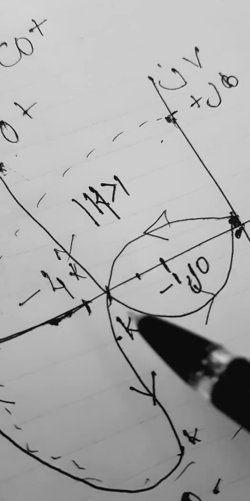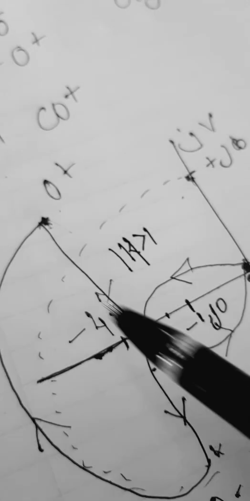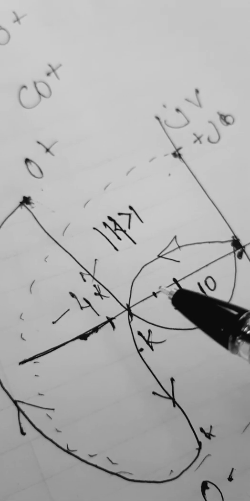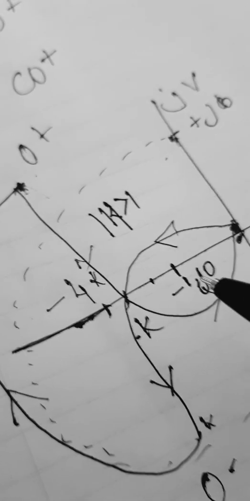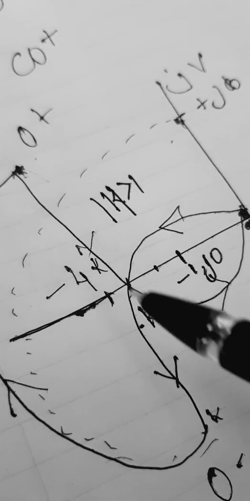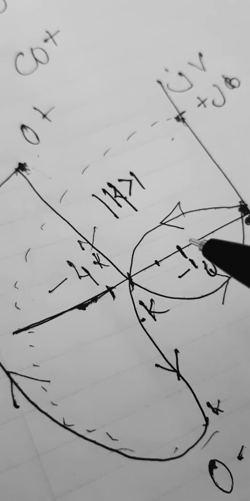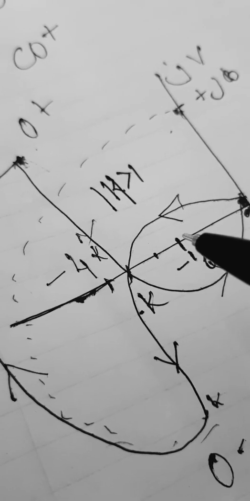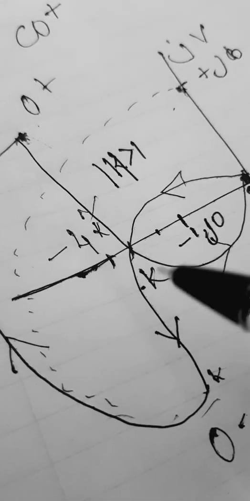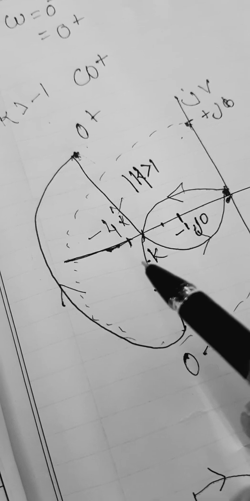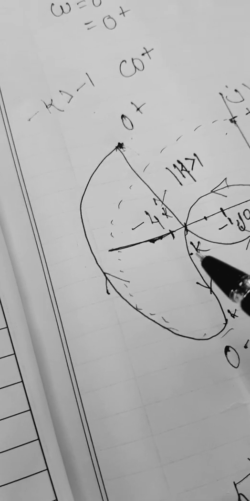The shape of the plot shows that around minus 1 j0 there is a counterclockwise encirclement. So n is 1. One encirclement in the counterclockwise direction is considered as plus 1. If it is clockwise, then you have to consider n as minus 1. So here n is plus 1.